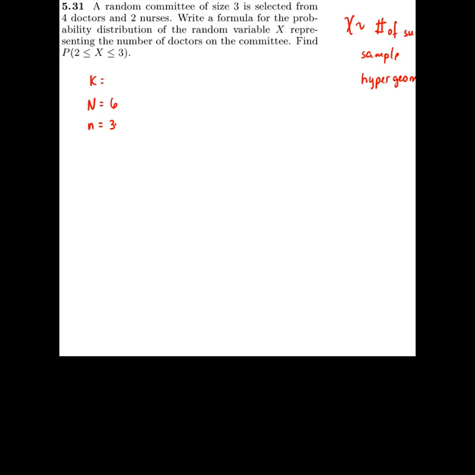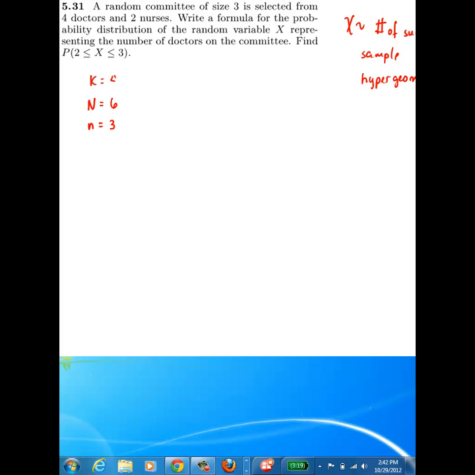So the number of successes represented by a random variable x, number of doctors, is 4. So k equals 4. Okay? So if you are able to identify the distribution and these parameters, then you should be able to solve the problem. Okay?